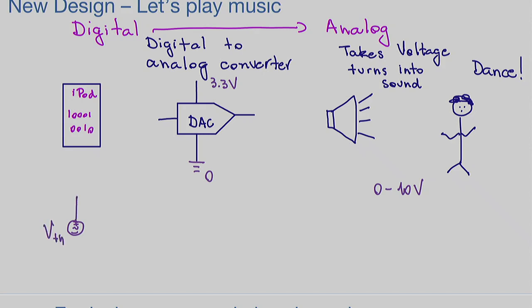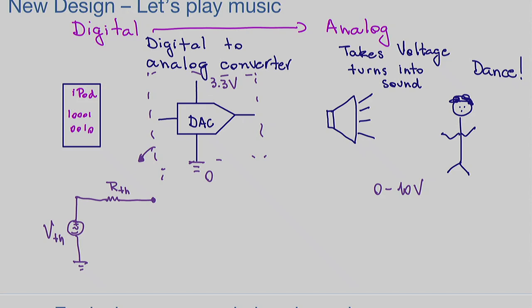And then we have a resistor attached to it, and that resistor is going to be R Thevenin, the equivalent resistance. I'm going to ground this part of the circuit, and here we go. This is the equivalent circuit for the DAC. So I'm going to put this nice DAC here in a square and say, okay, this is the equivalent circuit that we are going to use for the DAC.